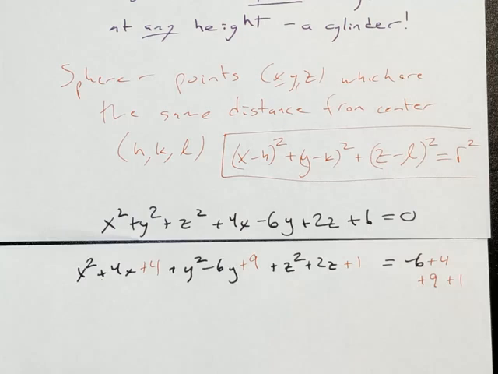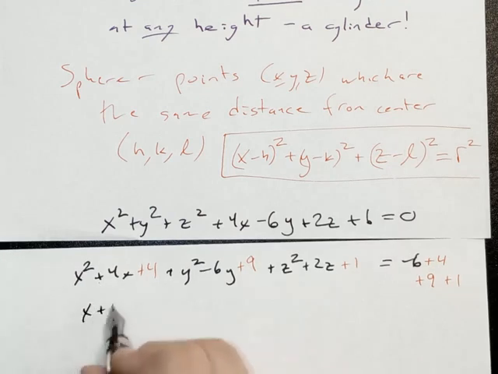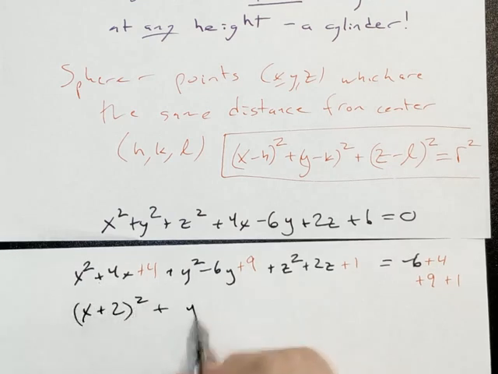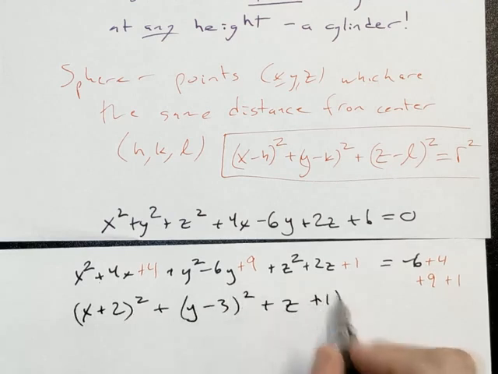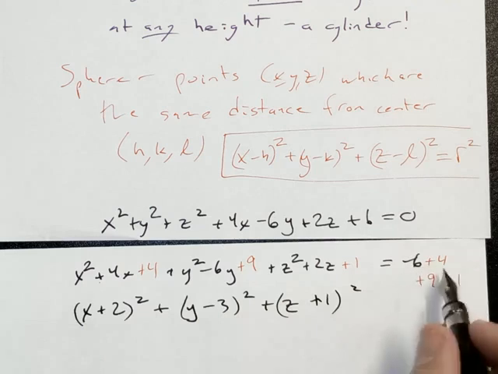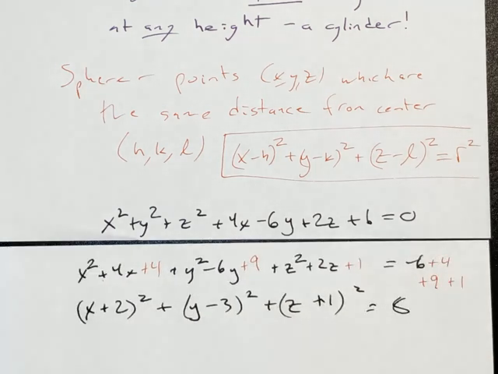How'd you get those numbers? Coefficient of the second term, and then square. So we end up with x plus 2 squared, y minus 3 squared, z plus 1 squared, and over here, 14 minus 6 is 8.